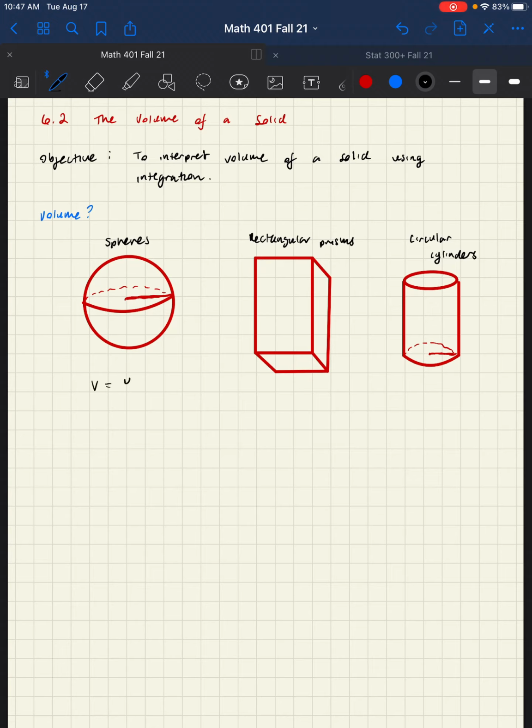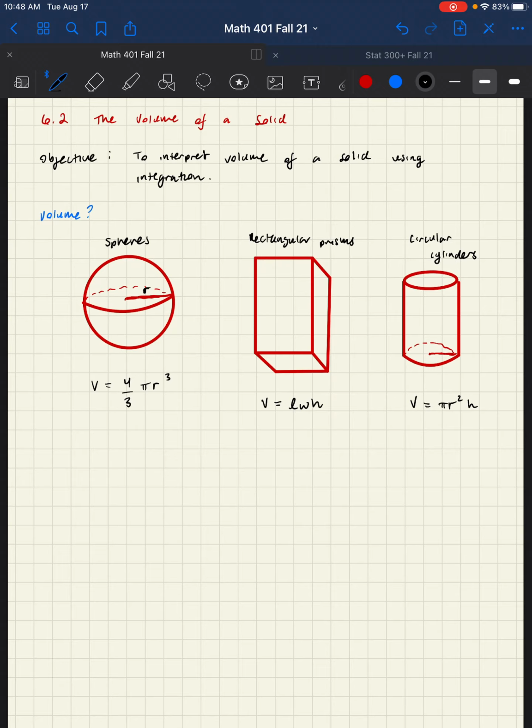So we know that for a sphere, the volume is given by 4/3 pi r cubed, where r is the radius of the sphere, the length from the center of the sphere to the surface. A rectangular prism is length times width times height. And a circular cylinder is pi r squared times h.